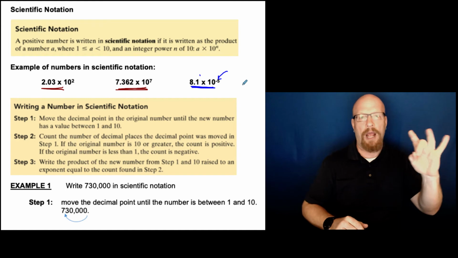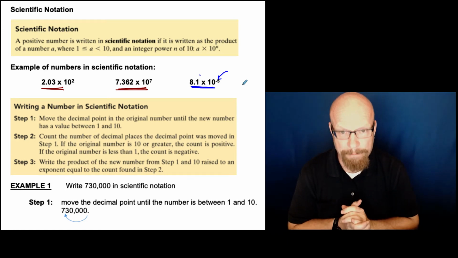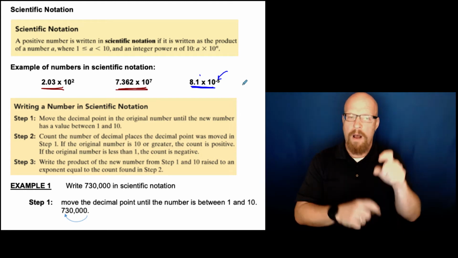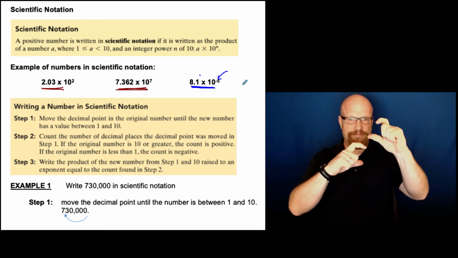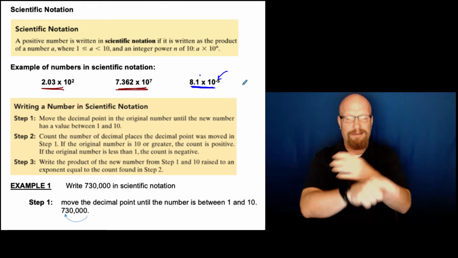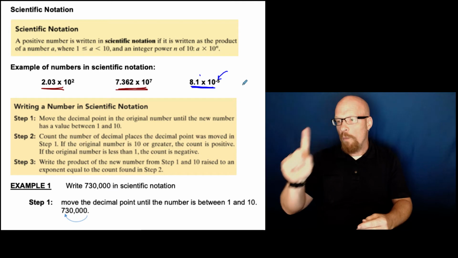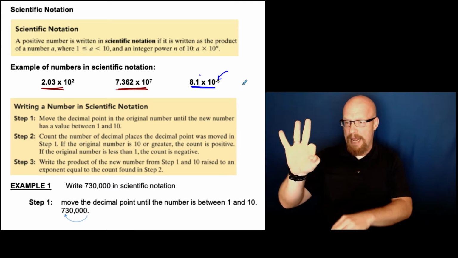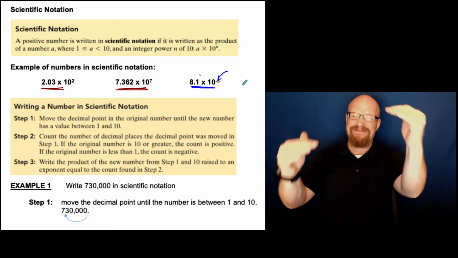It's 0.000081. Okay? So, the rules are you're going to multiply it by a power of 10 with an exponent. And the first digit in the number must be between 1 and 9. It can be 1 or it can be up to 9.